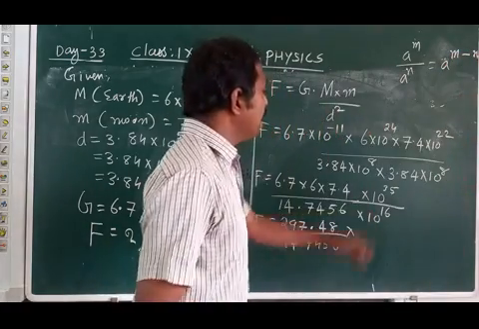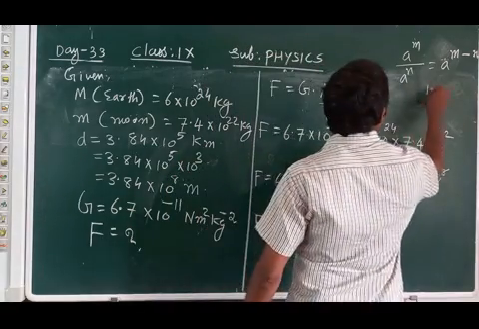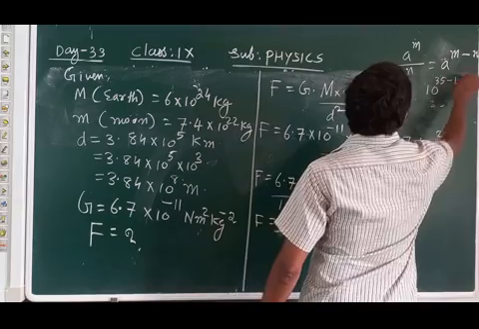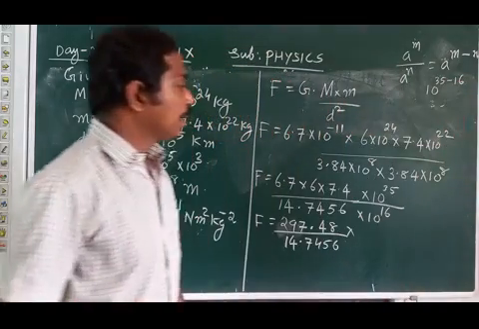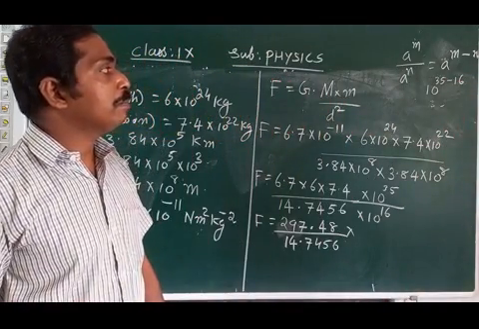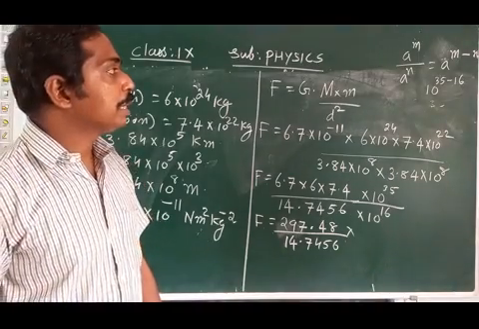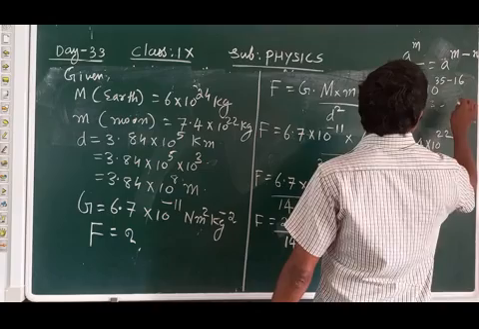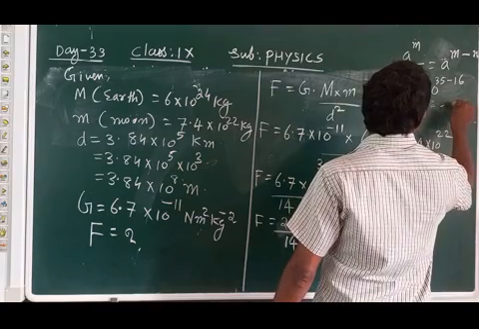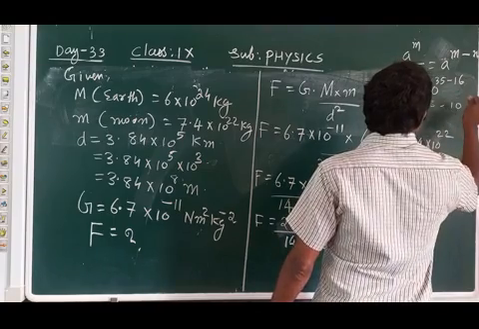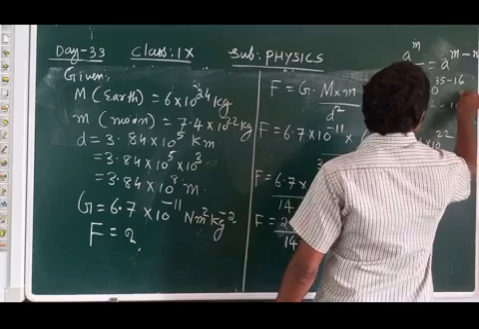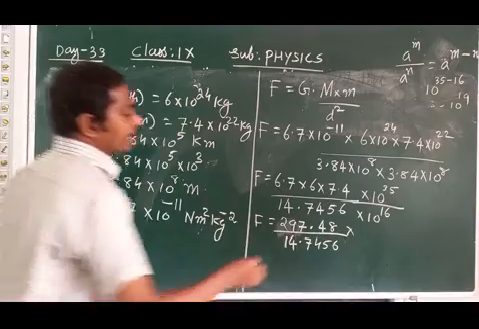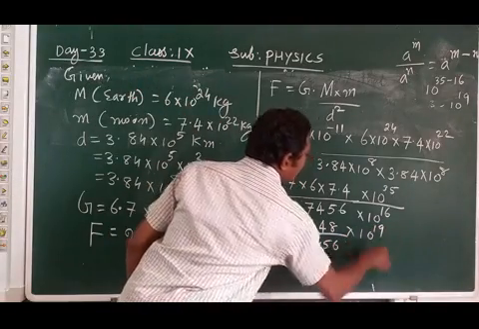So we get 10 raised to 35 minus 16, which is 10 raised to 19. So we will get 10 raised to 19.